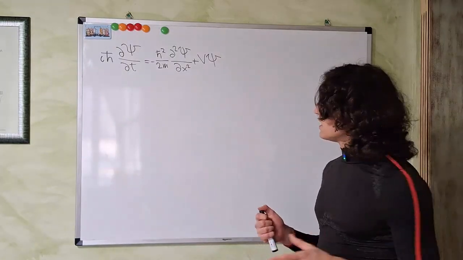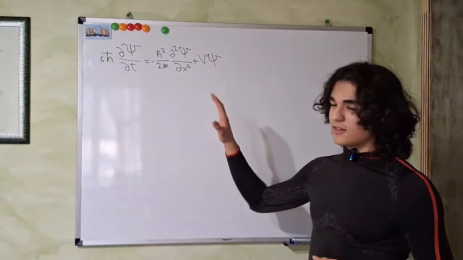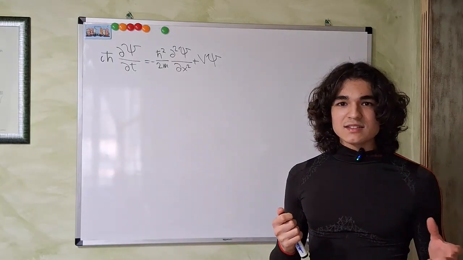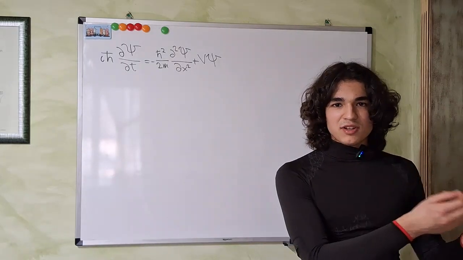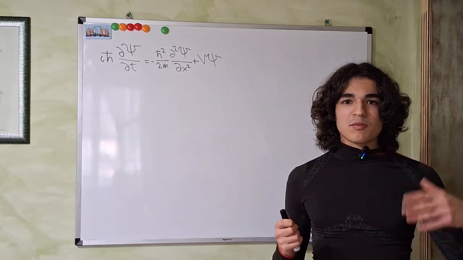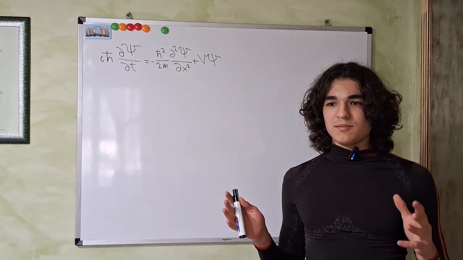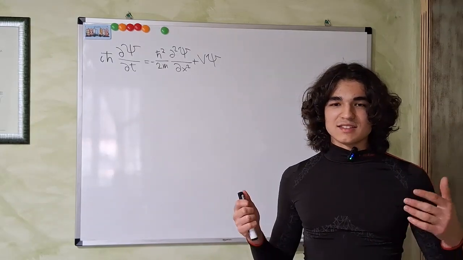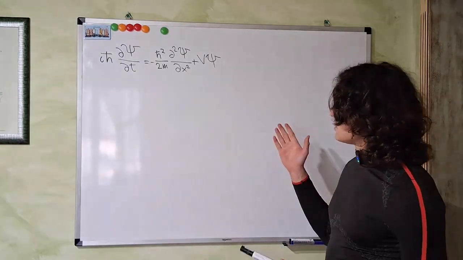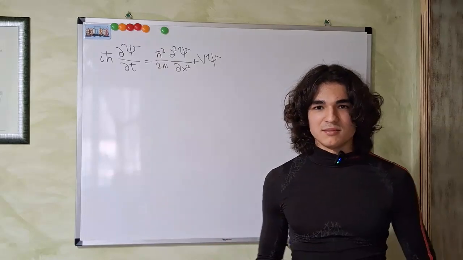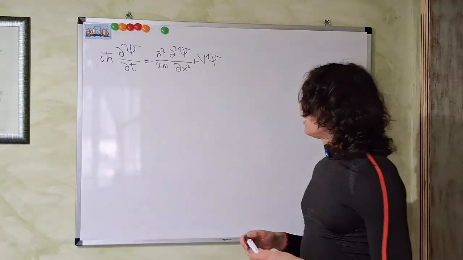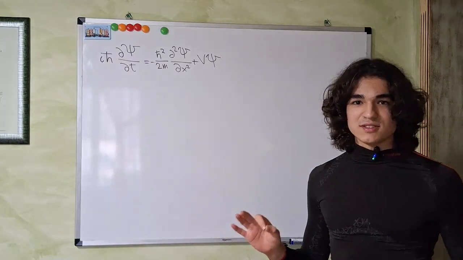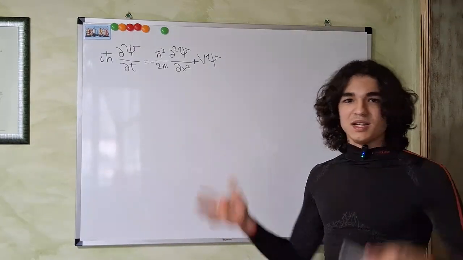So what Schrödinger did is take the wave equation for light and use the de Broglie formulas for expressing wave quantities like wavelength and frequency in terms of position and momentum. And he came up with this. And that is not a derivation, that was an attempt to build a new theory.